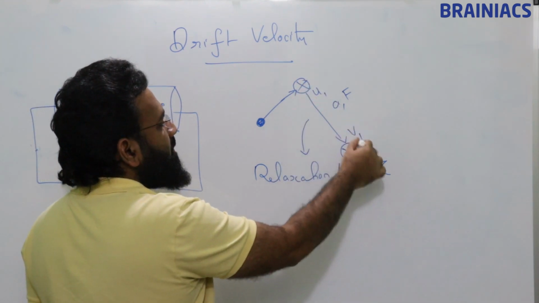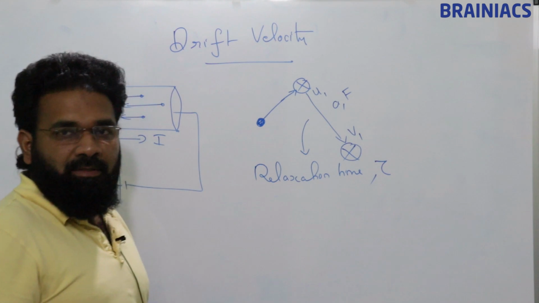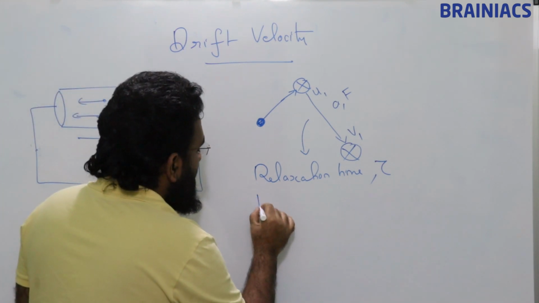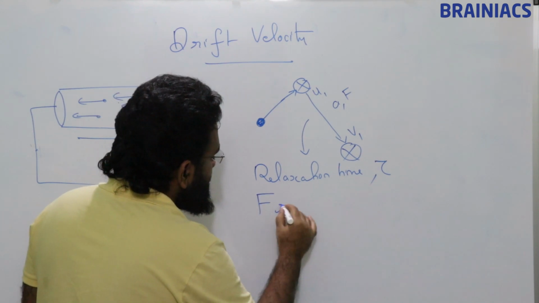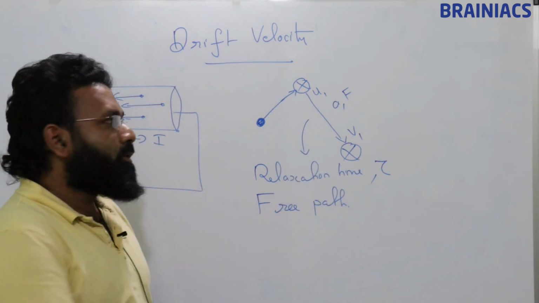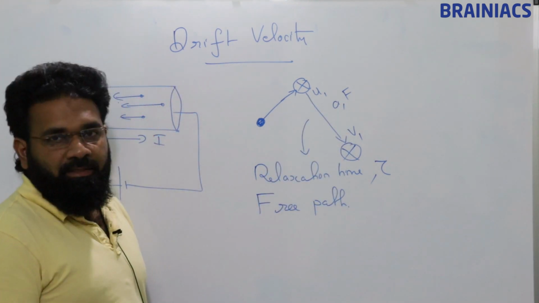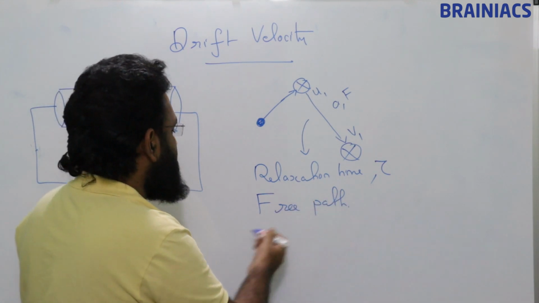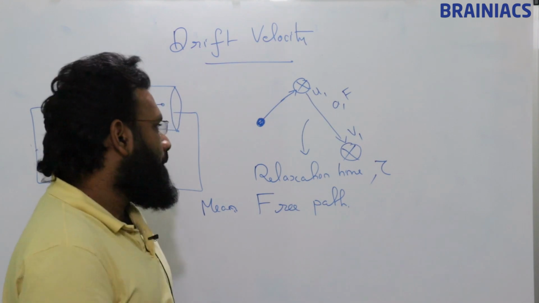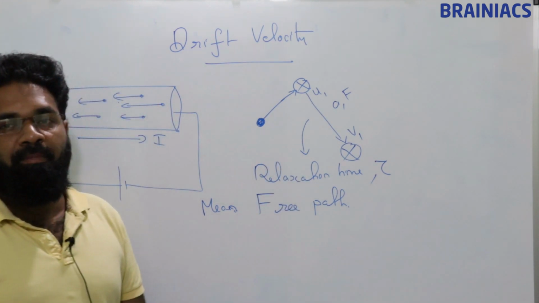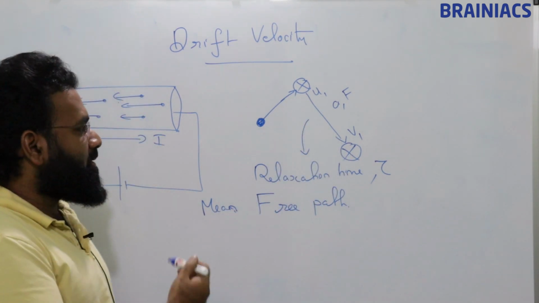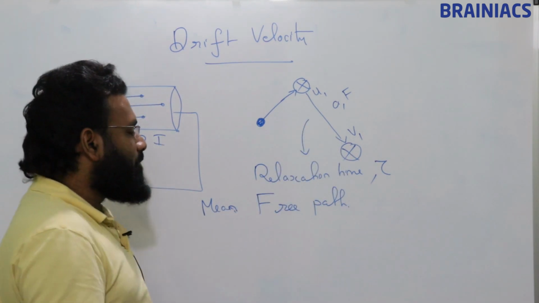And the distance between two collisions is called the mean free path. So it can just relax between two collisions. It is just a thing like that, keep it in mind.